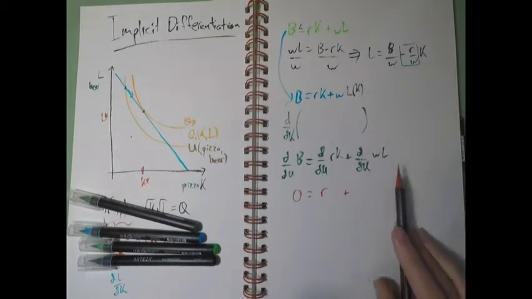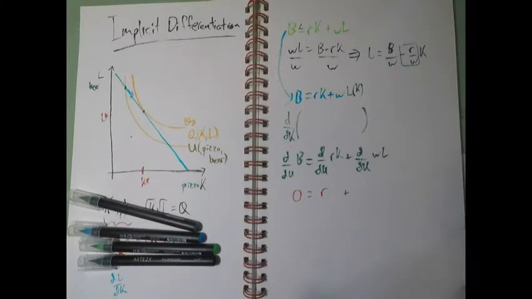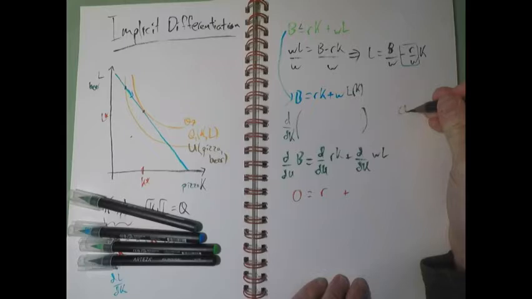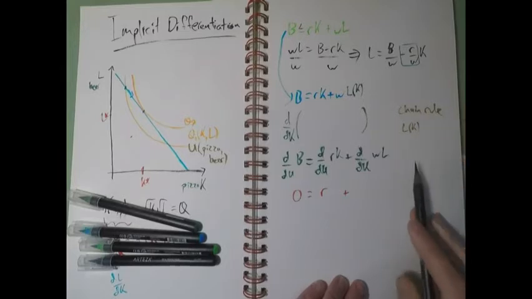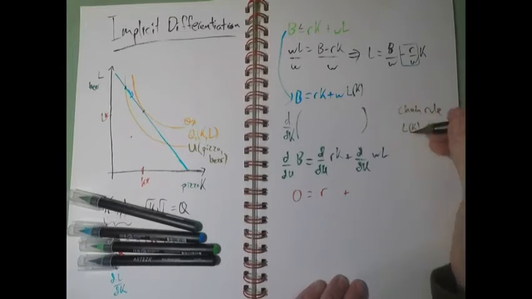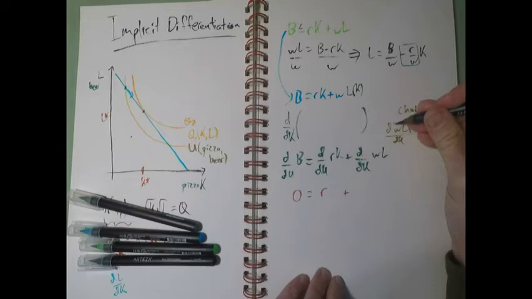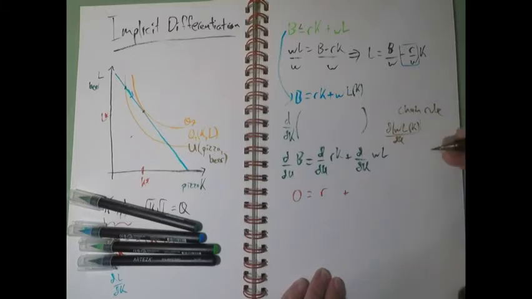And now here we are in the difficult-ish part, right? So now we're thinking L is a function of capital. So now we're in a situation where we want to be using a little bit of chain rule, right? So if L is a function of capital and we want to know how W times L(K) changes as we change capital, let's put in an explicit example just to make it a little bit easier.